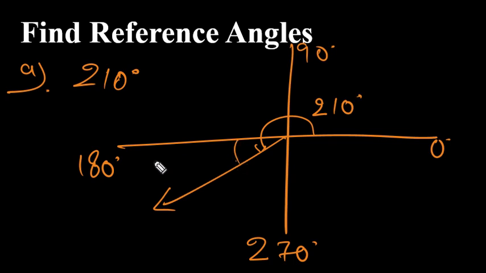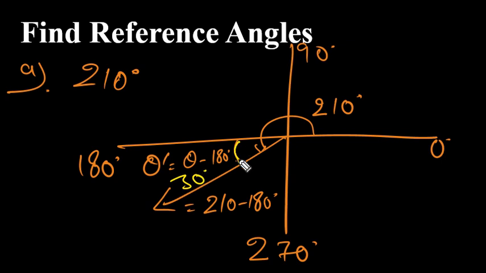So theta prime, or reference angle, will be equal to what? That will be theta minus 180. Remember? So 210 minus 180 will give you how much? That will give you 30 degree. So your reference angle is 30 degree.